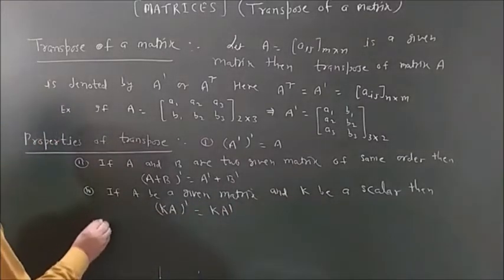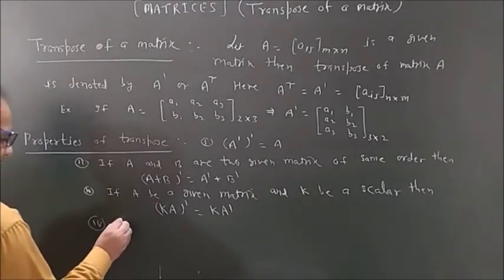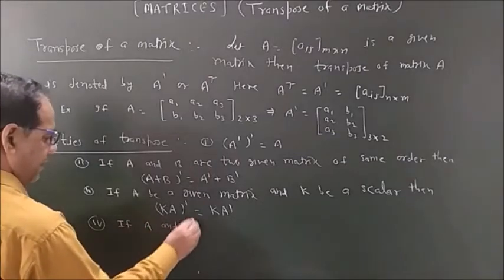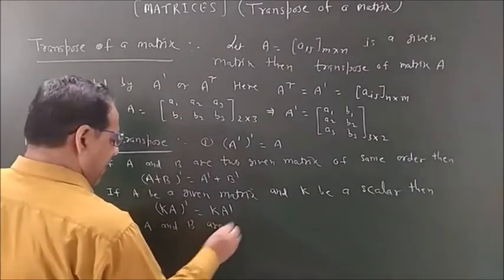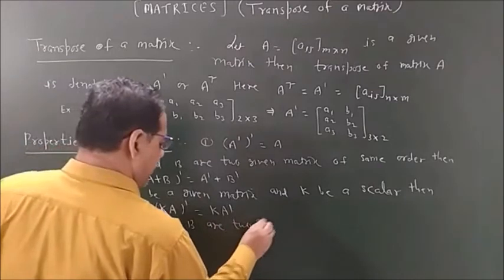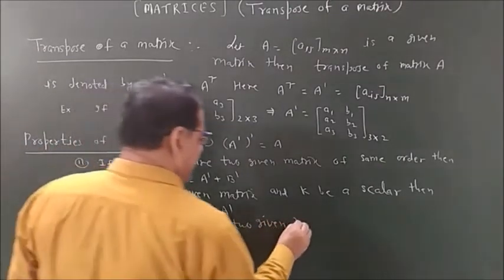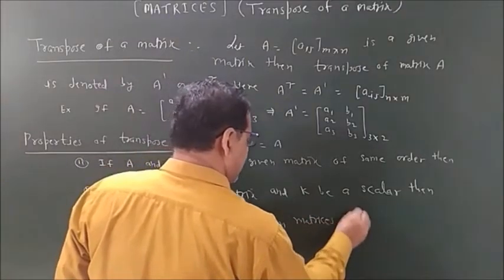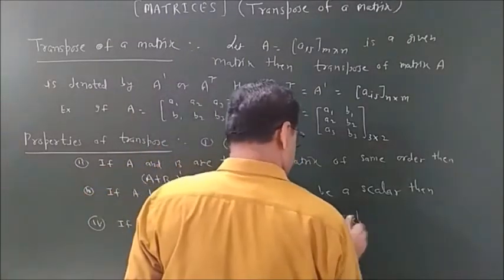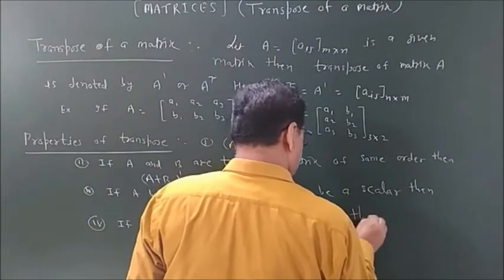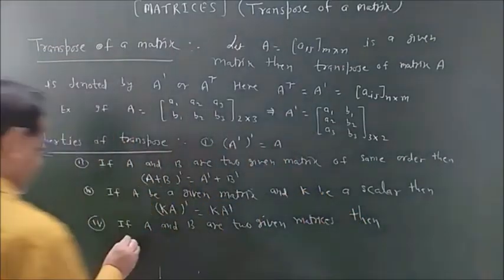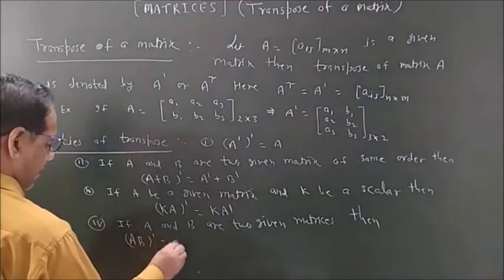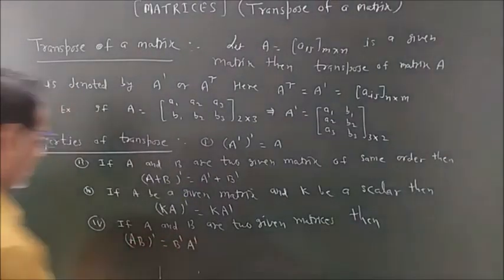And now the next property: if A and B are two given matrices such that AB is defined, then transpose of AB equal to B transpose A transpose.